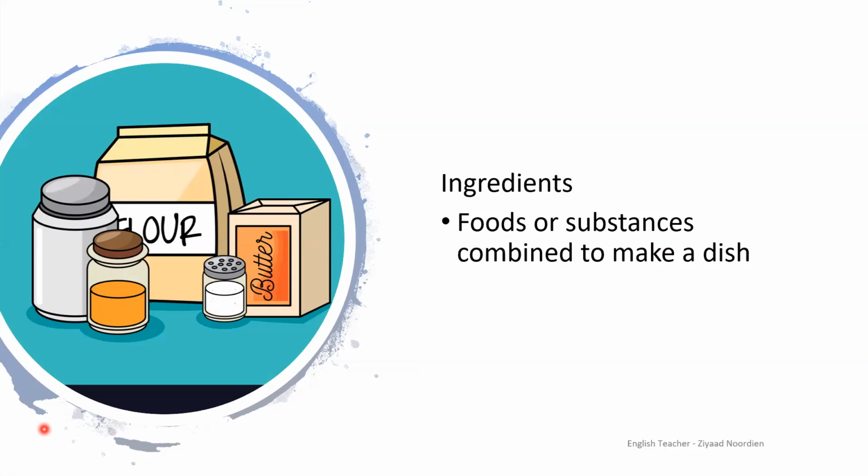So we're going to use flour and milk and eggs, perhaps some baking soda and some chocolate chips, and some butter perhaps as well. So those are the ingredients to make our chocolate chip cookies. So you need to remember that ingredients is different foods or different substances that are combined to make a specific product or a specific dish.